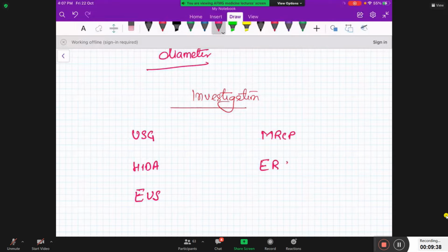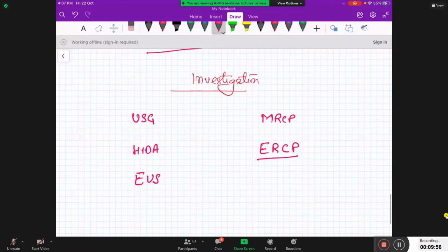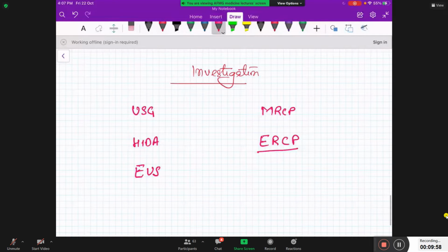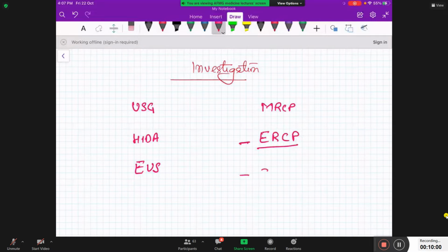ERCP, very good. Endoscopic retrograde cholangiopancreaticography, right? Then we have CT scan also. We have PTC also. What is PTC?